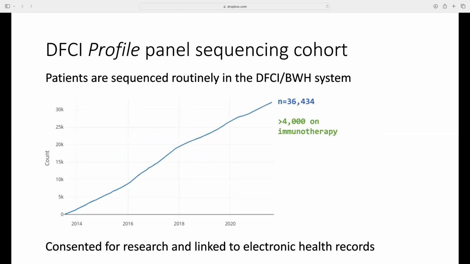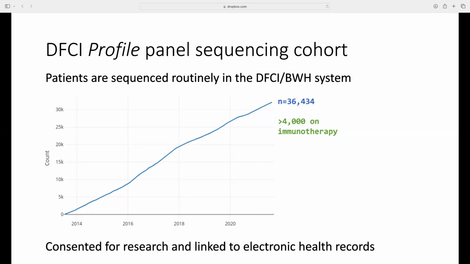Specifically, here at the Farber, there's been a long-standing effort to sequence patients, typically with advanced disease, on a targeted panel called OncoPanel, which is measuring somatic variation in several hundred genes. That effort is now up to close to 40,000 patients that have been sequenced. All of them are linked to their electronic health records.